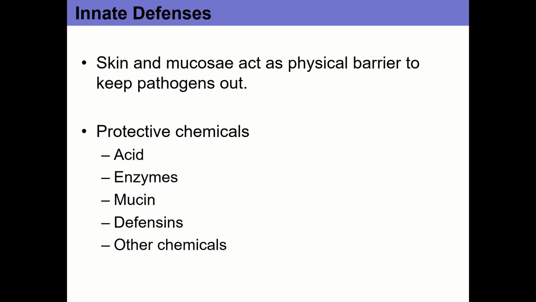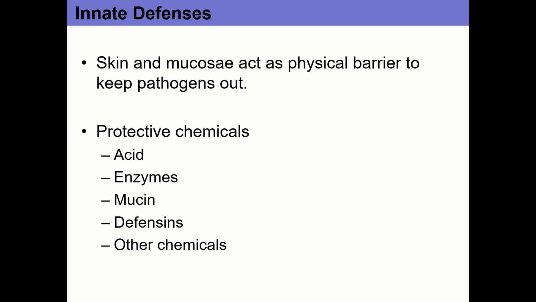In one source I found, it was a pH of about 3 to 5 for your skin surface, where 7 is neutral. That slight acidity inhibits the reproduction of bacteria. So if you get bacteria on your skin, which we've all got, we limit the reproductive rate of that bacteria through our slightly acidic skin environment.